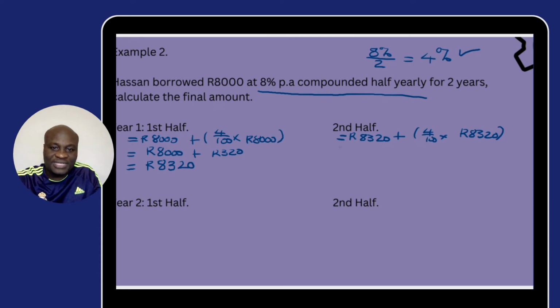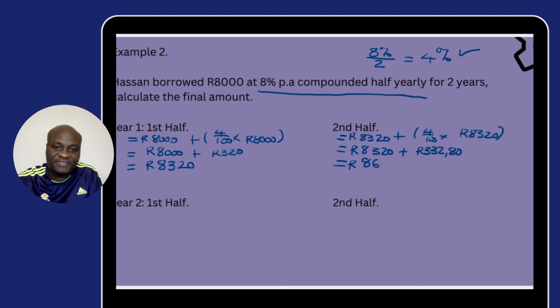Yes, we bring down our current balance, 8,320 plus, what is 4% of 8,320? 4% of 8,320 is 332 rands, 80 cents. And when we calculate and we put them all together, what are we going to get now? It's 8,652 rands, 80 cents.